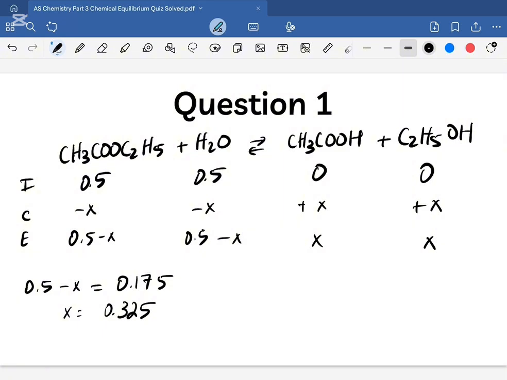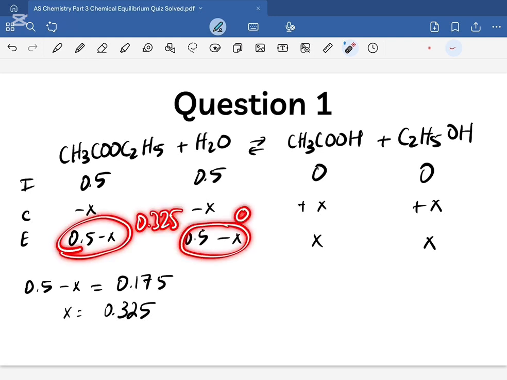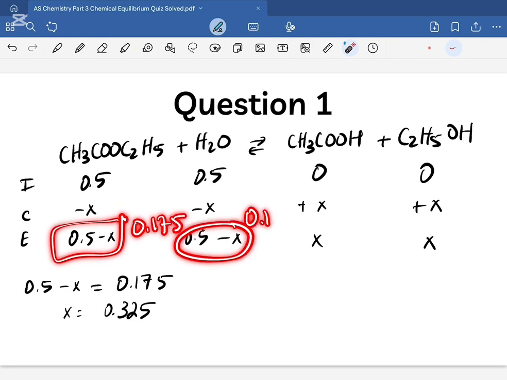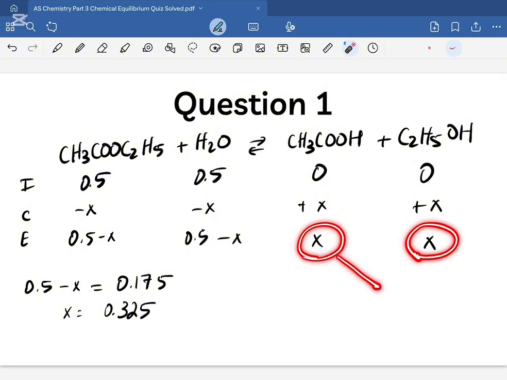I'm sorry, the moles of ethyl ethanoate and of water are actually 0.5 minus x, so it's going to be 0.175 and 0.175. However, the x over here is going to be equal to 0.325. So now we can divide by the volume.